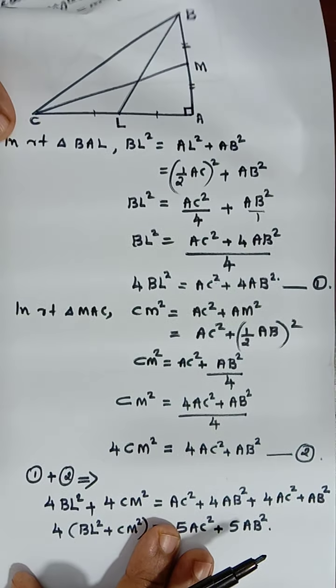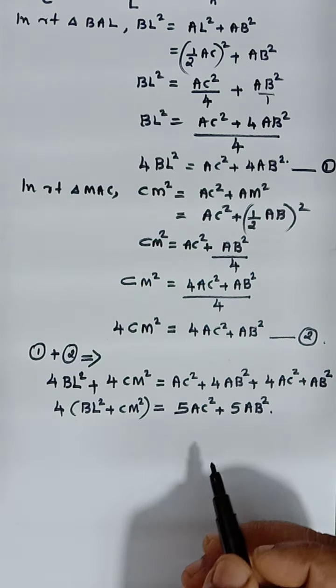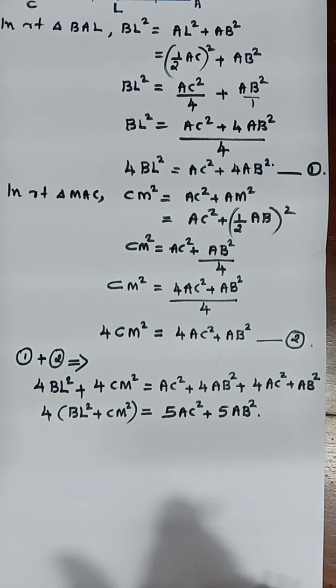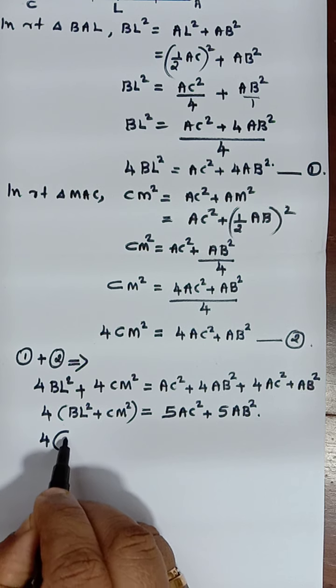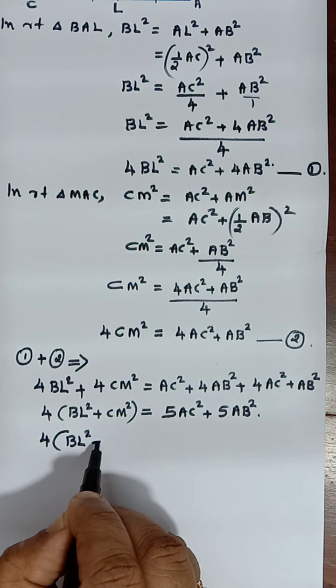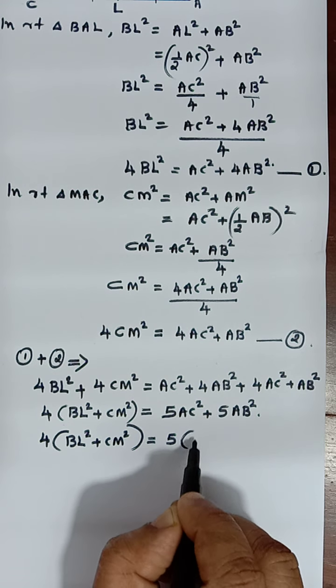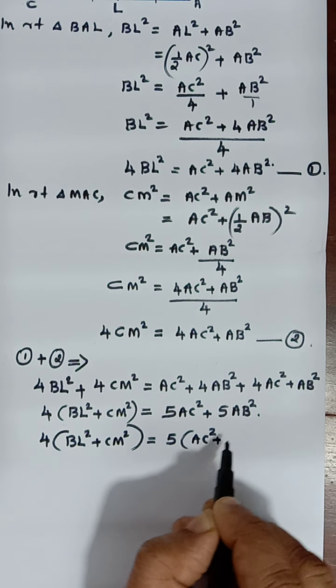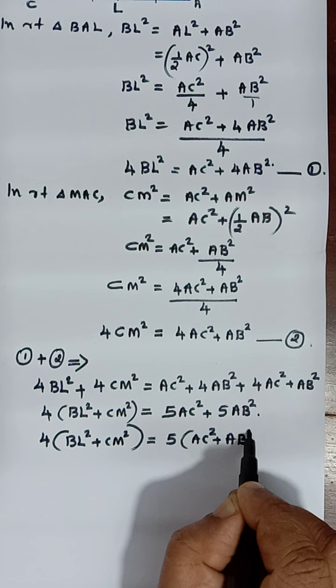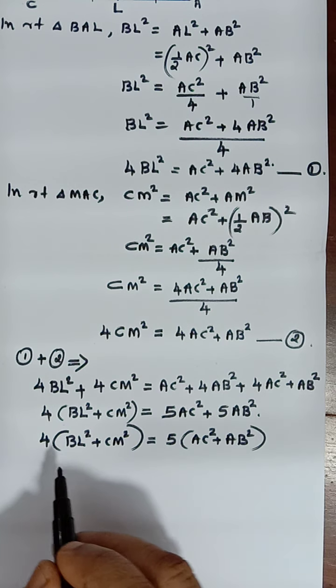We are considering triangle ABC. Just I'll make it short: 4 into BL square plus CM square equals 5 into AC square plus AB square. 5 is taken out.